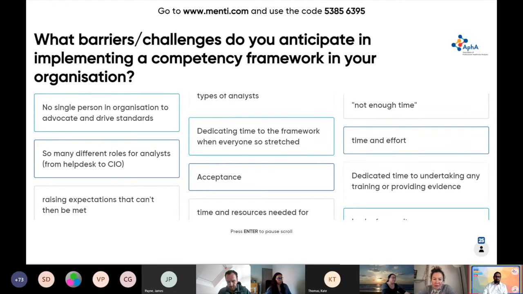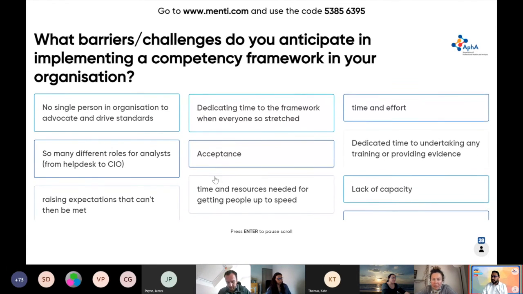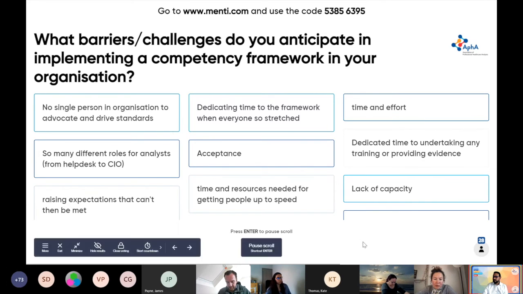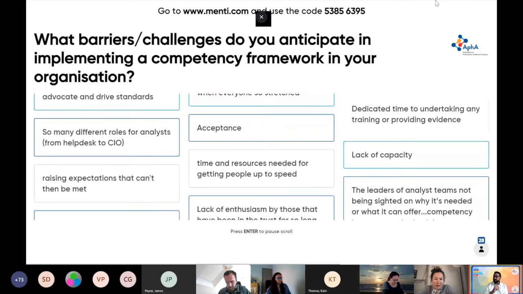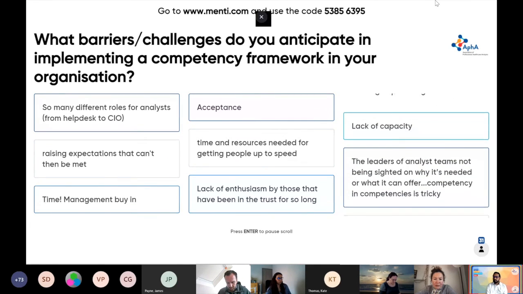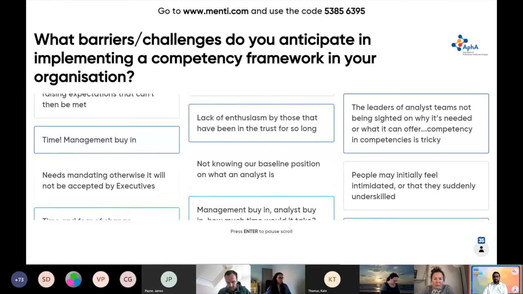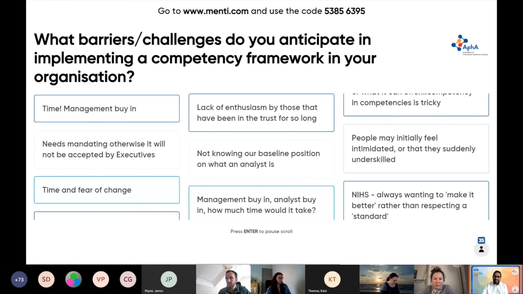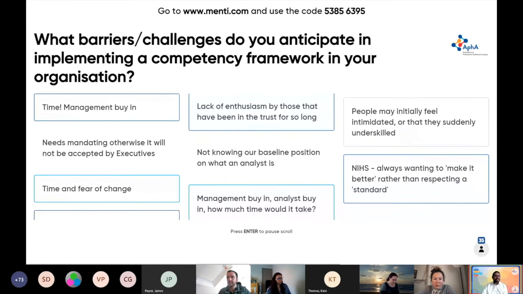Yeah, absolutely. There's a lot we need to be thinking about in terms of talking to the HR and OD colleagues. It's not just about talking amongst ourselves. There's a comment around mandating, otherwise it will not be accepted by executives.